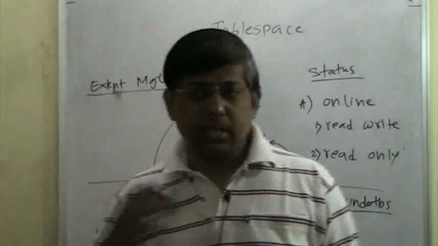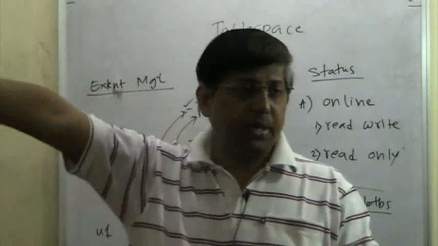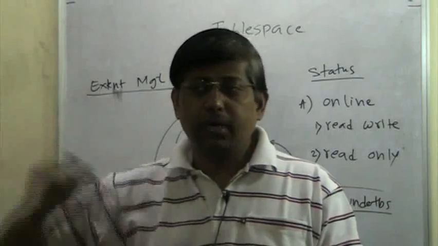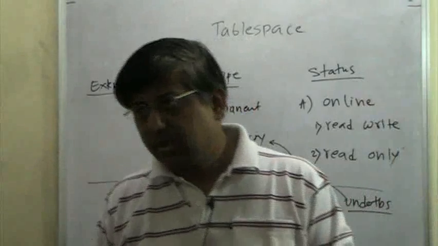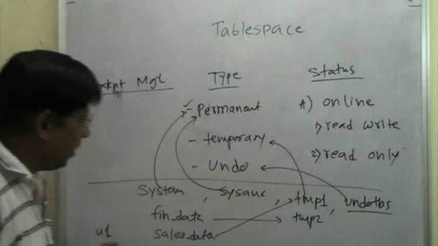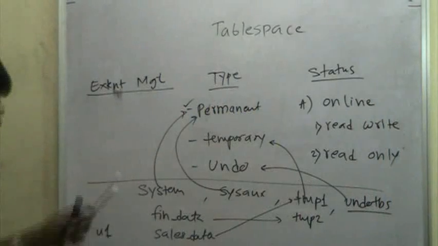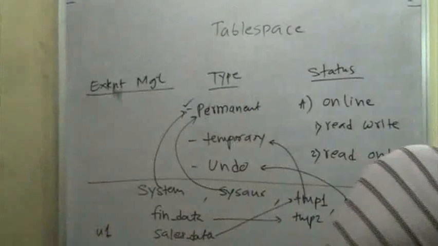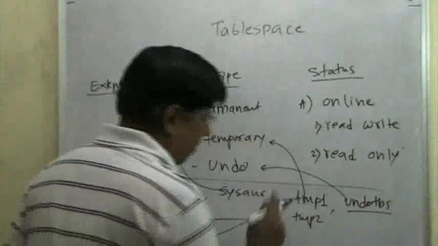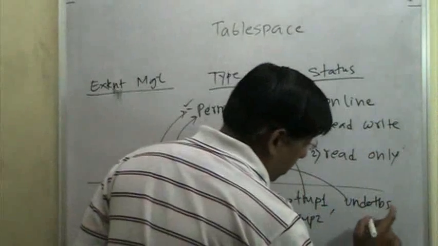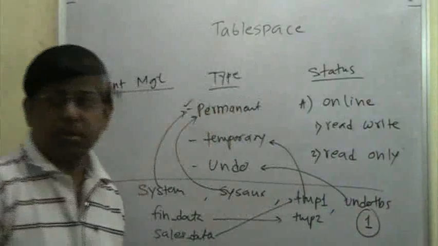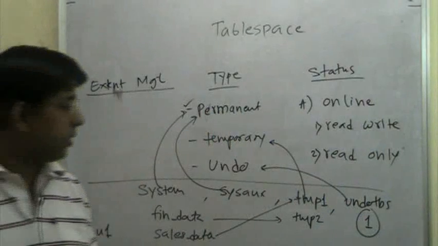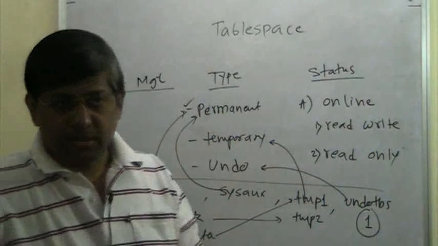So 100 users are sales guys, I'm going to create a separate temporary table space for them, so they will not interfere with the finance guys. Just segregation from the management point of view. So these are the things. Undo, by the way, there is only one undo table space in the entire database. You cannot have more than one undo table space in your database.